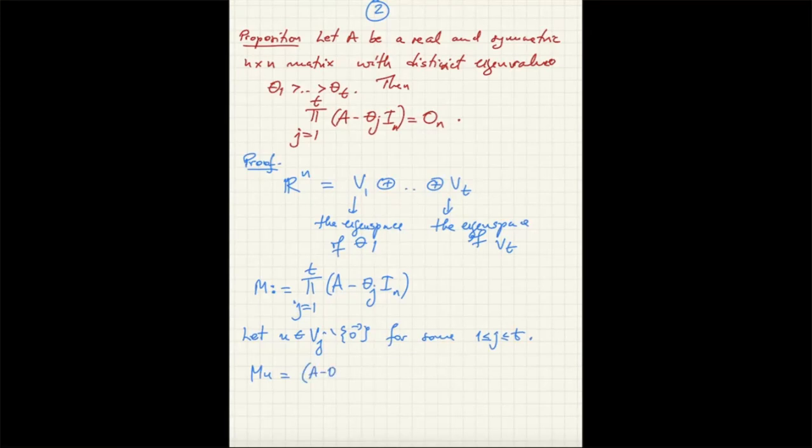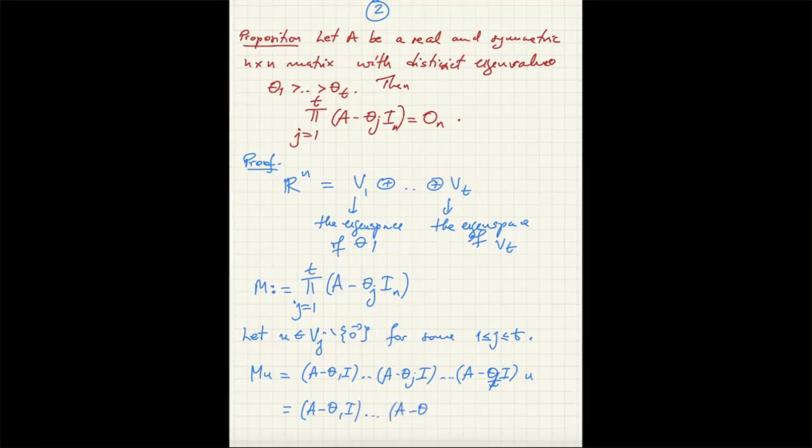That's (A minus theta 1 identity) times ... times (A minus theta j identity), which is maybe hidden in the middle here, times ... (A minus theta t identity) times u. All these t matrices, A minus theta 1 identity, A minus theta 2 identity, all the way to A minus theta t identity, commute because they are polynomials in A. And because they commute, their product is the same if you arrange it in any different way.